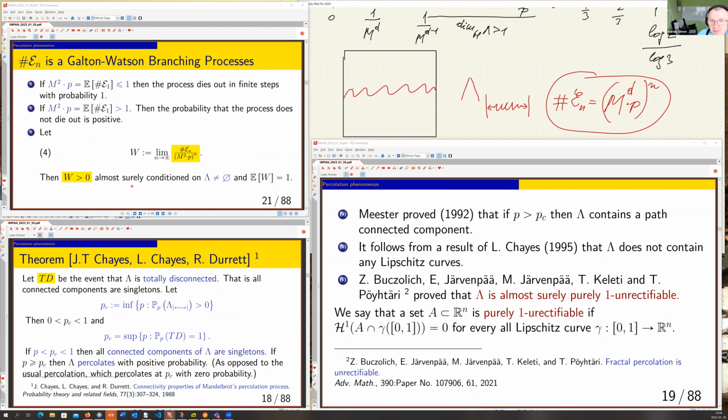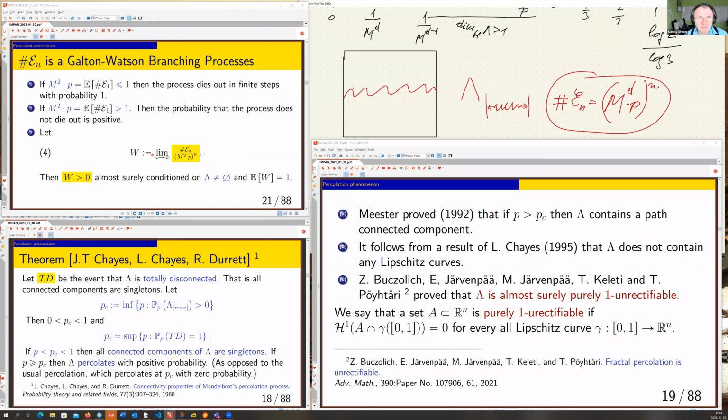And then it can be proven that in our situation and in most situations, I could not be more specific, but whatever situation you are likely to meet, this W is positive almost surely conditioned on non-extinction. This will be important later.